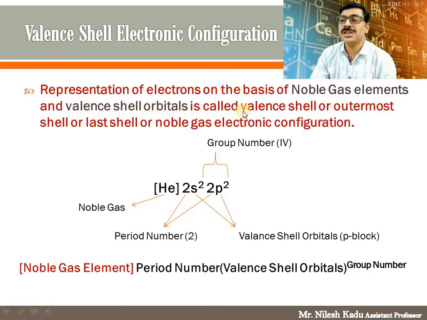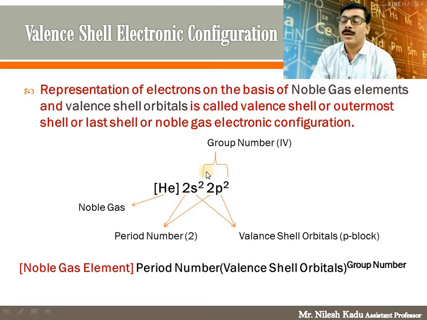And the combination of both, that is representation of electrons on the basis of noble gas element and valence shell orbital, is called valence shell or outermost shell or last shell, or it is also called noble gas electronic configuration.